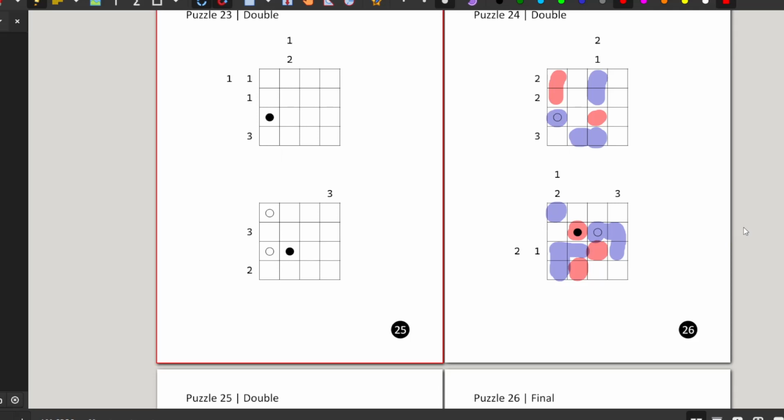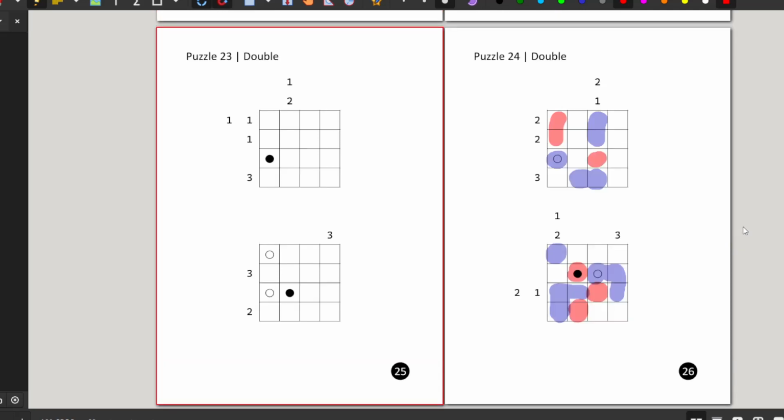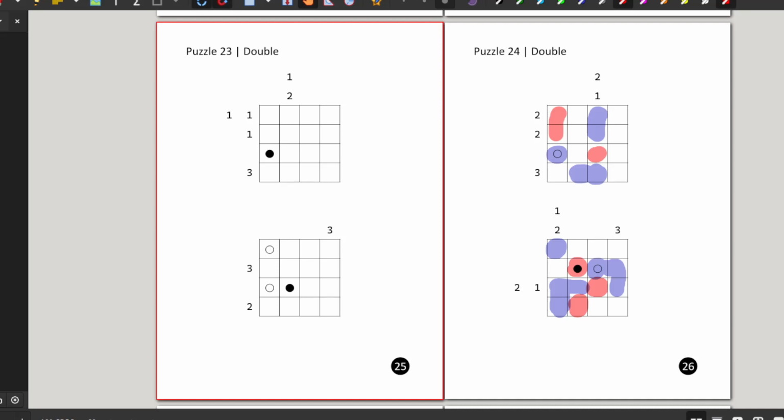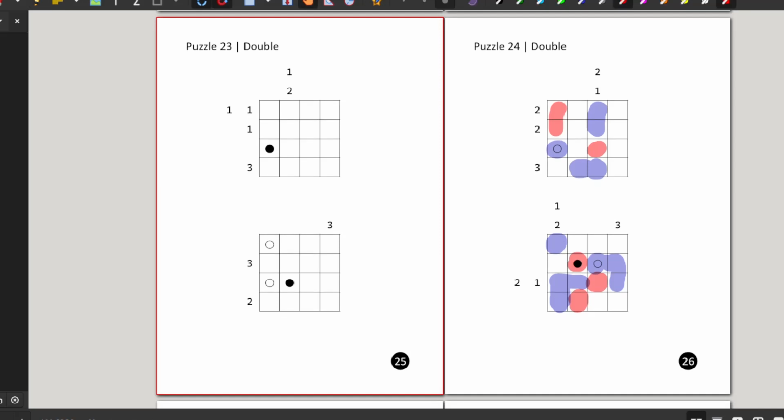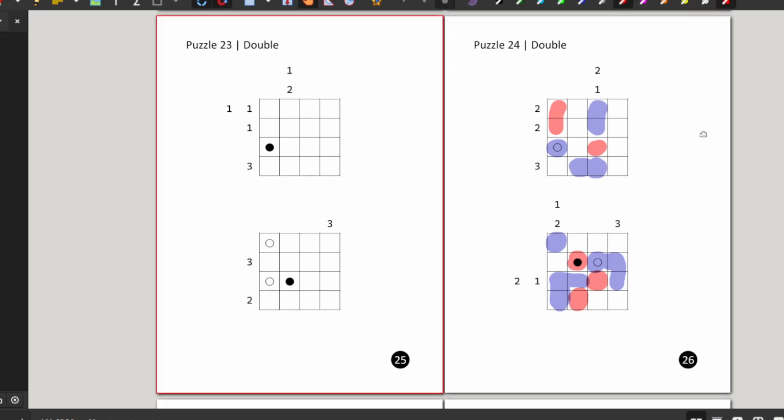Okay, what happened? Whoa. I don't understand why there's a line through the pens. Never mind, never mind. There's just weird stuff going on with the UI.